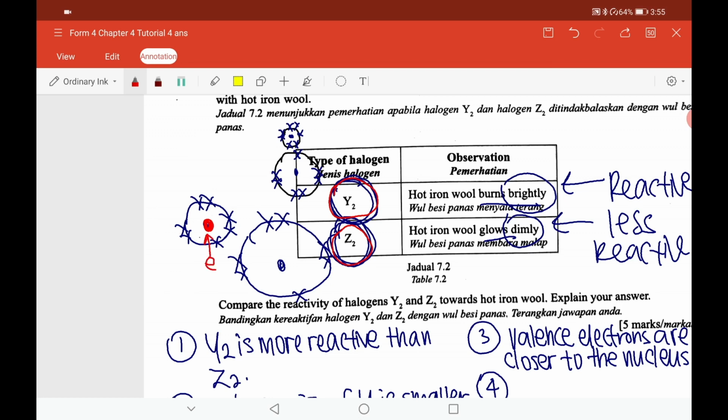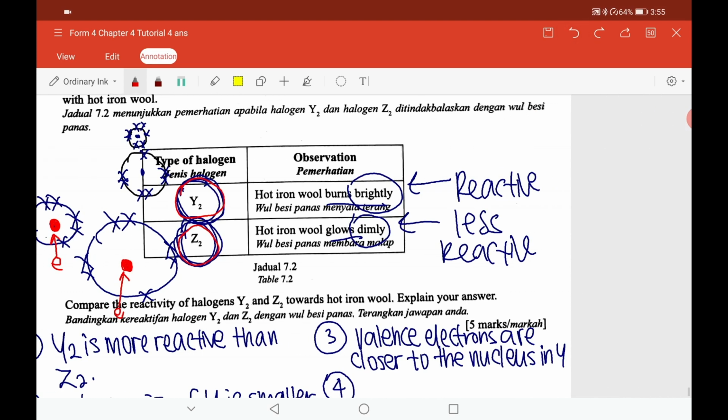When the size is smaller, the pulling force between the nucleus and the electron is stronger. When the size is bigger, the pulling force is weaker.